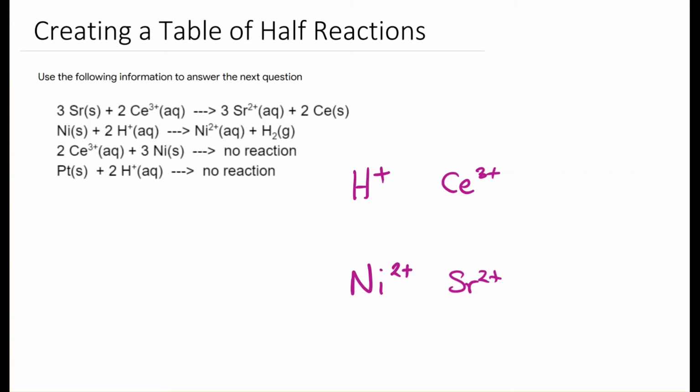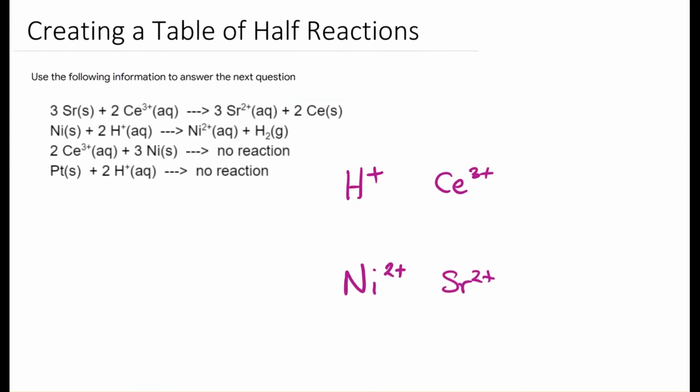We're going to take nickel and drag it higher, so I'm going to put nickel 2+. Well, who was higher than nickel? Hydrogen ions were higher than nickel, right? So we're still maintaining hydrogen ions above nickel, nickel above cerium, cerium above strontium. We still have everything in order right now.